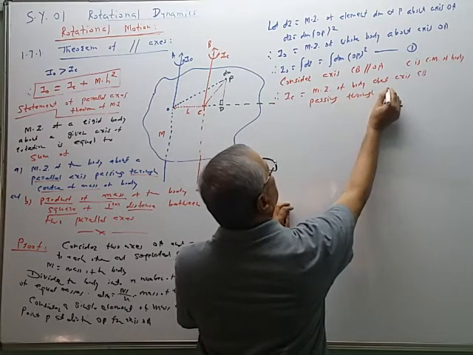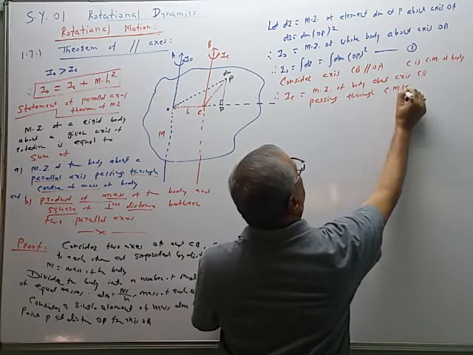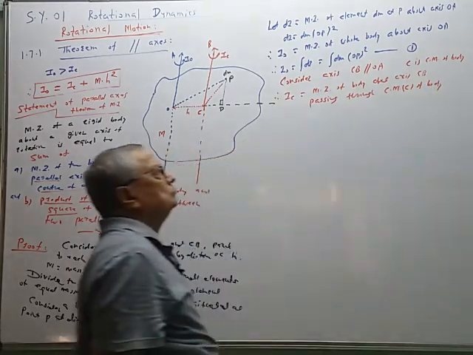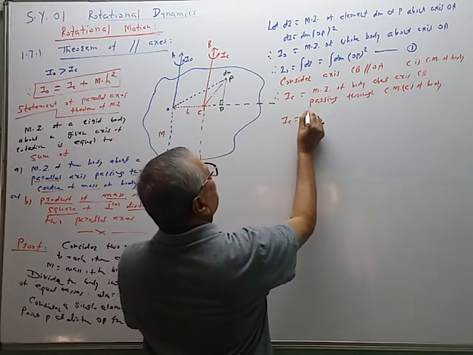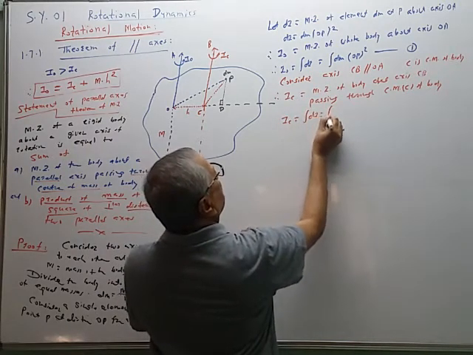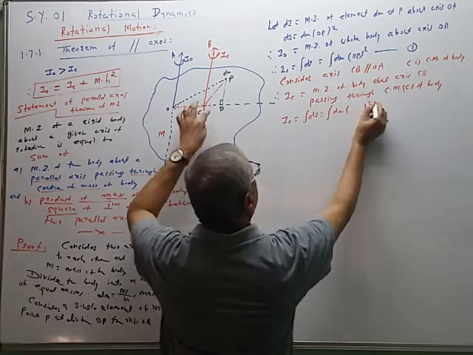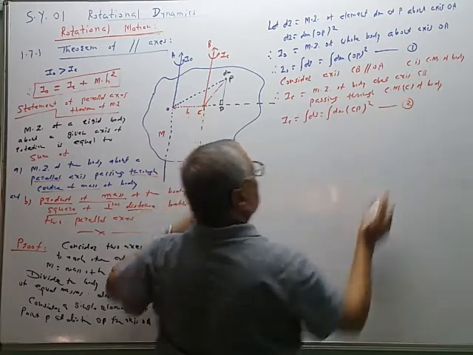CM is a short form of center of mass, C of body. In the same way, this IC is given by the integration of dI, integration of dm into square of distance. But now here we have to take the distance CP. So this is equation 2.